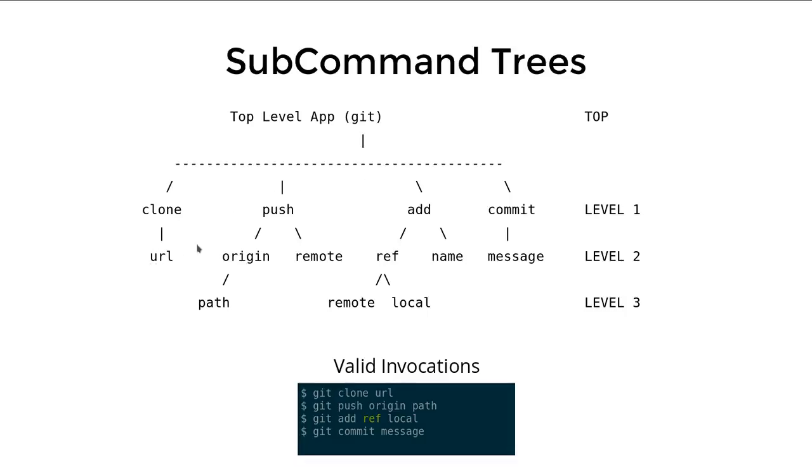Maybe clone had URL, push had origin and remote, and then some of those had subcommands as well. So here ref has two subcommands, remote and local. Valid invocations of this entire tree would be git clone URL, git push origin path, where you're only going one layer at a time and you're just following the tree down. You can't hop over to another branch.